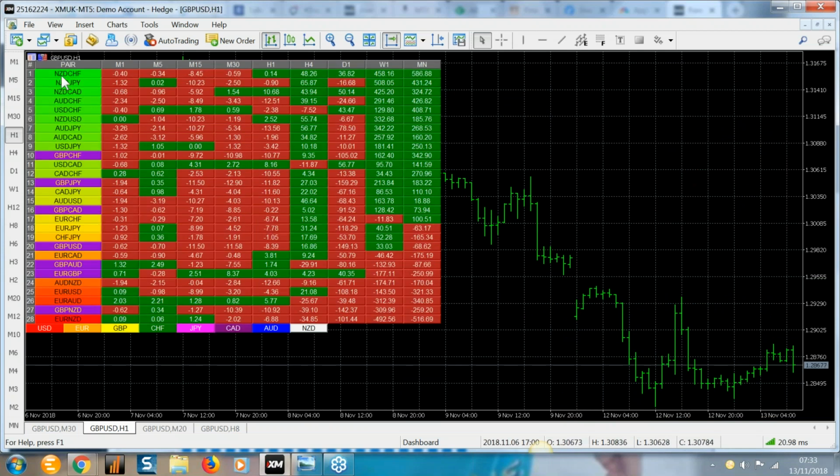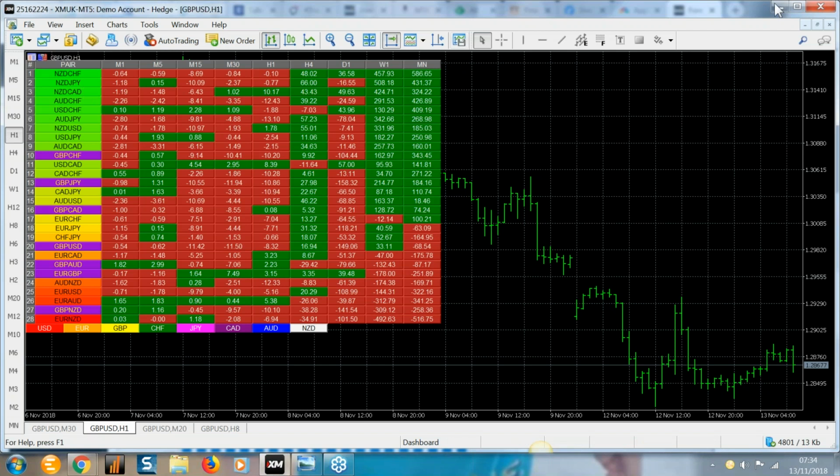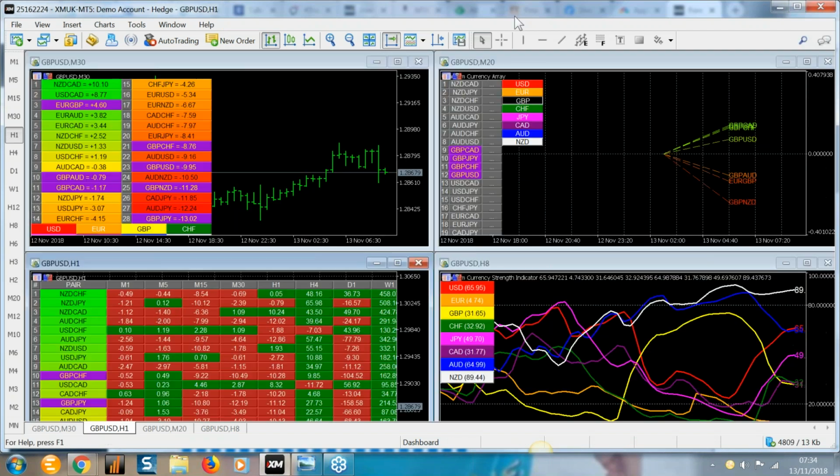So I'm looking at the moment at the New Zealand Swiss. That obviously the New Zealand has been bought quite heavily, but I tend to use this with much slower time frame charts. I'm even looking out onto the weekly because I'm looking to hold for a period of time.